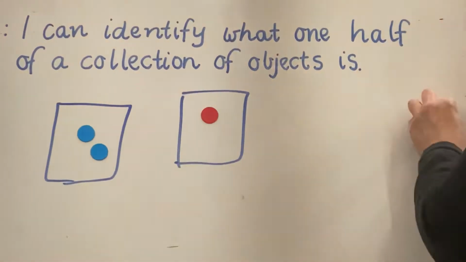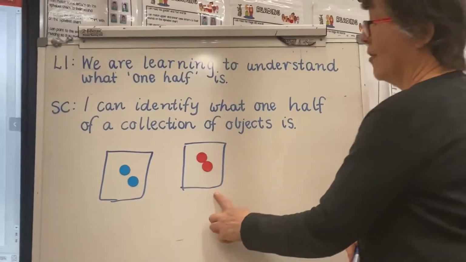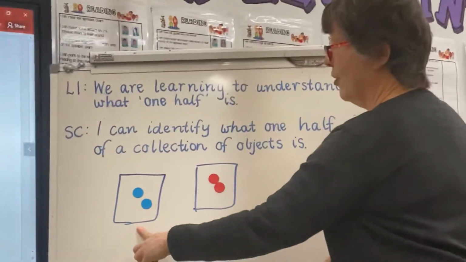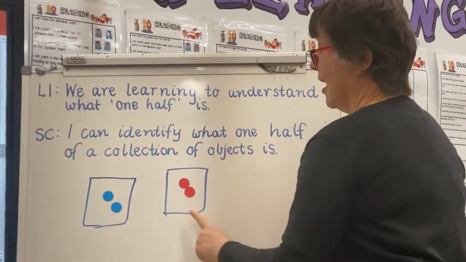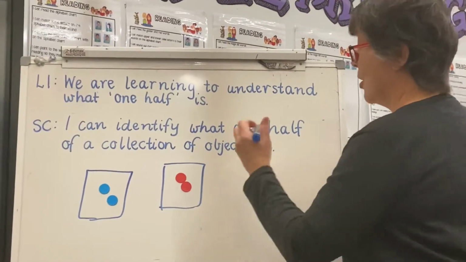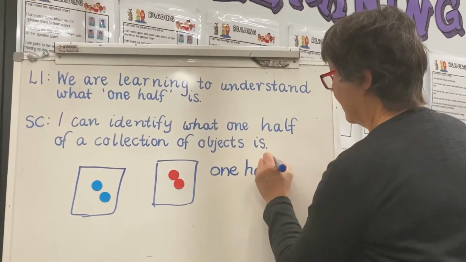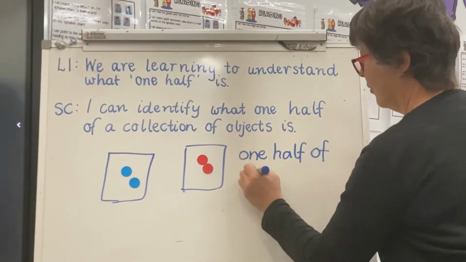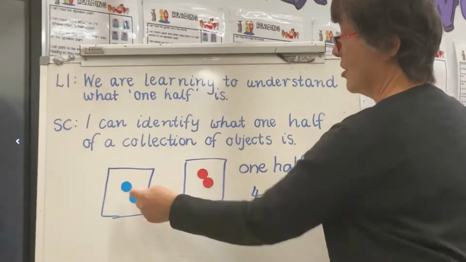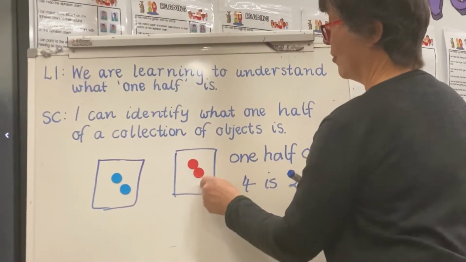Then I keep going until all of the objects have been divided out, and I've divided them into 2 equal groups. One group has 2 in it, the other group has 2, so they both need to be equal. So 1/2 of 4 is 2.